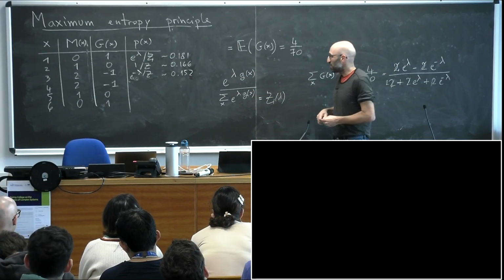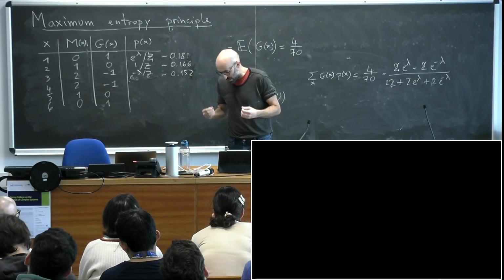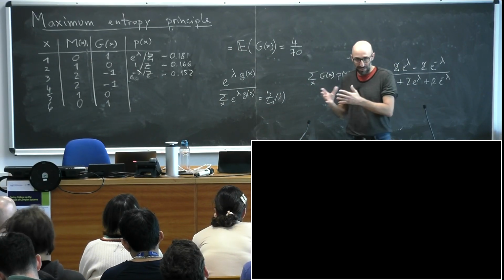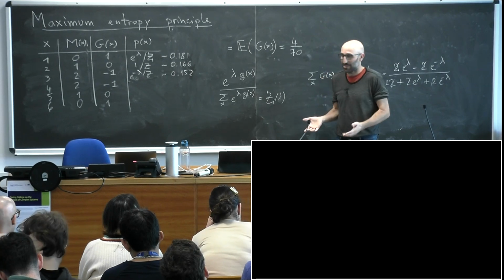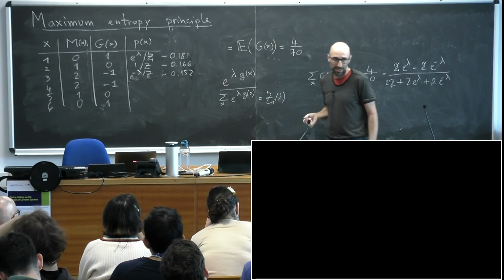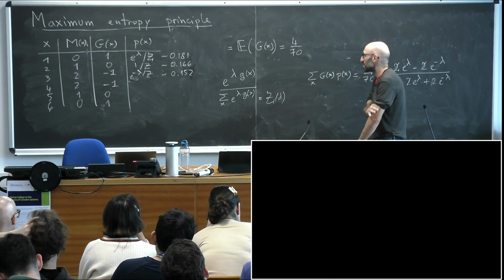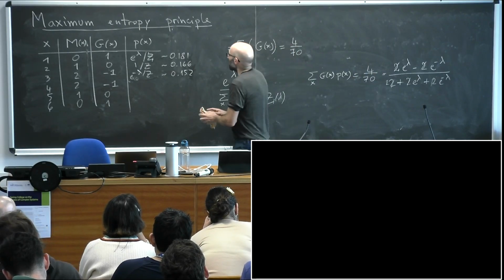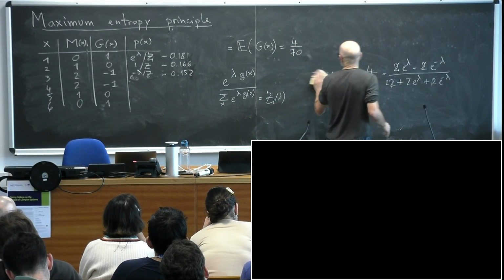Okay? So the idea of the maximum entropy is really to try to find the least biased distribution that achieves the results that you want to get. In this case, the gain that you want to get. Okay? Is it clear?